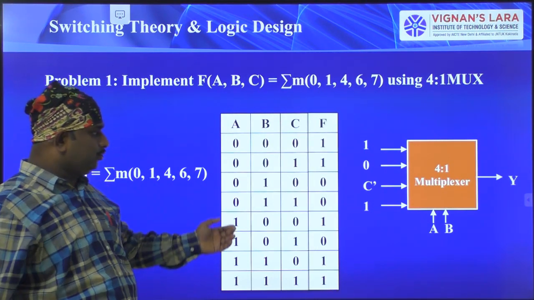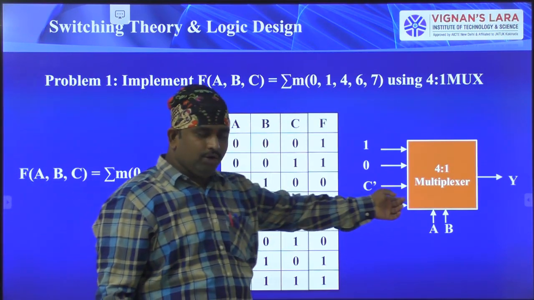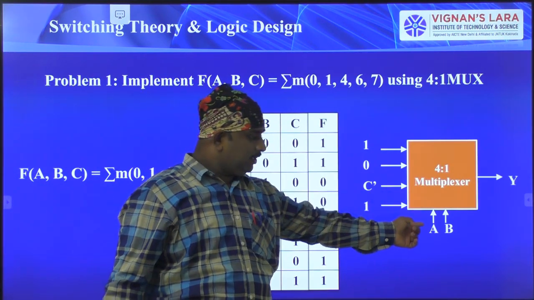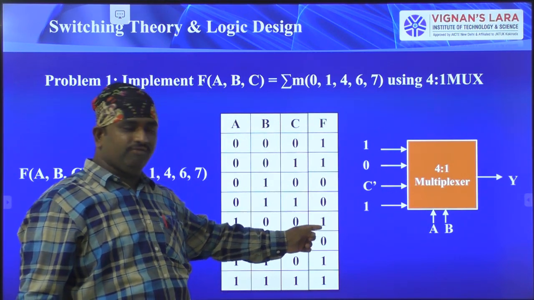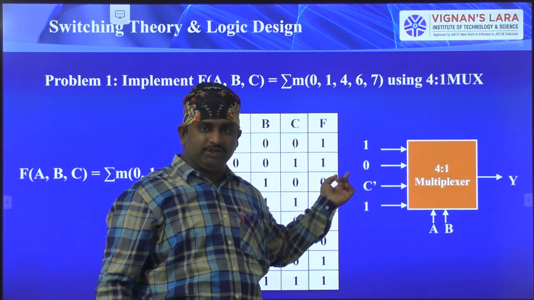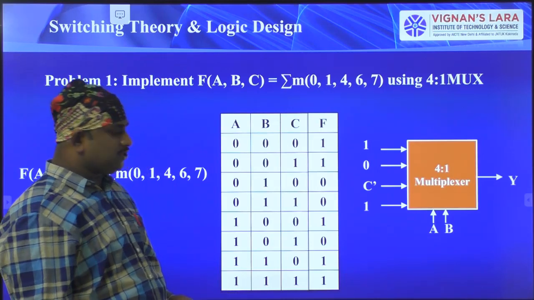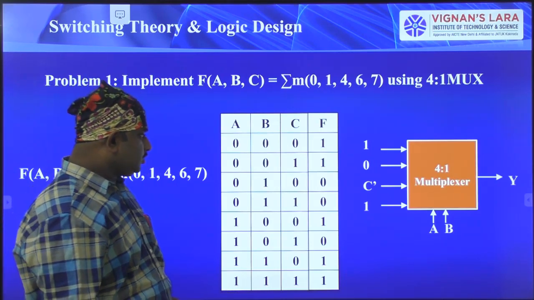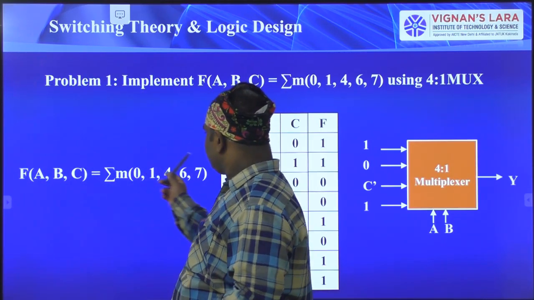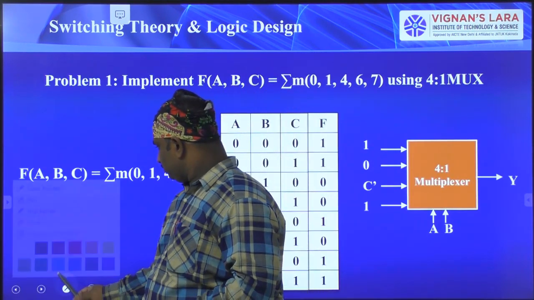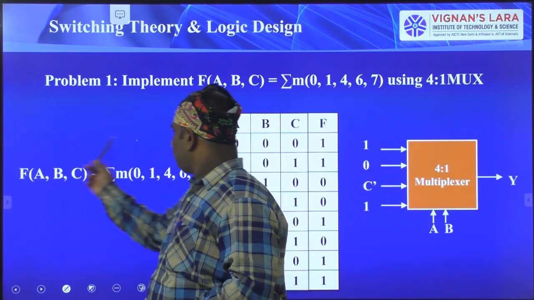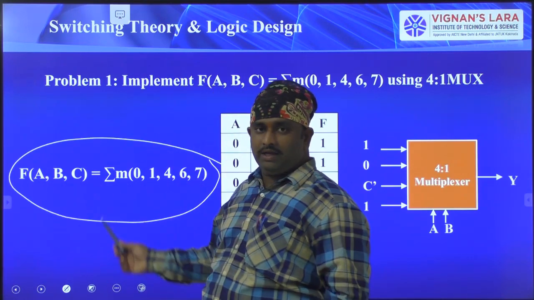Now come back to our original problem. Now we have given A, B values, and here the 1, 0, C bar, 1 values we got from the previous table. So from the previous table we have those values. So this is the problem.